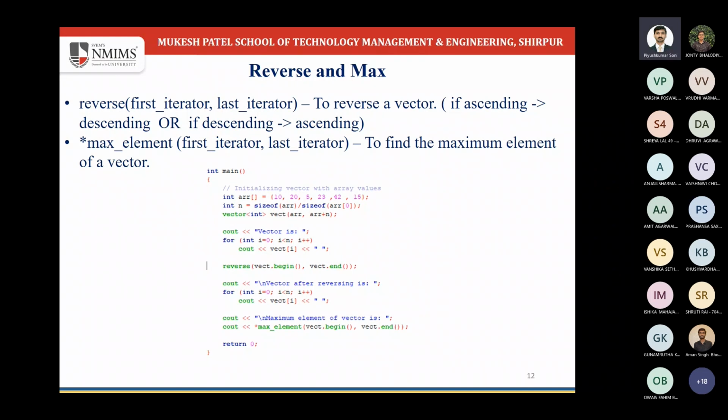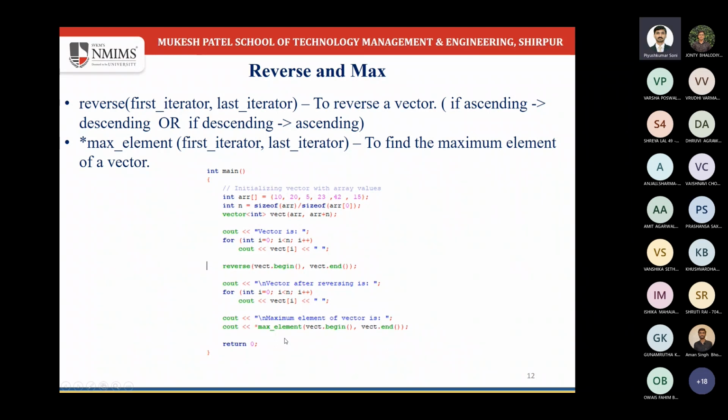So reverse, as is obvious from the name, is going to reverse the elements of a vector, and max element will give you the maximum element of the vector. This is how we can use the reverse function with the vector. We only need to give the list of elements by specifying the starting point and the ending point, and it will reverse it.